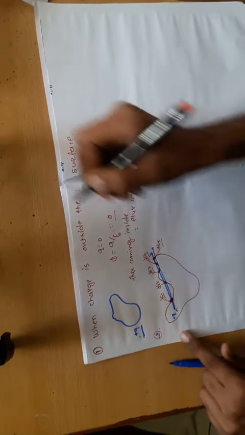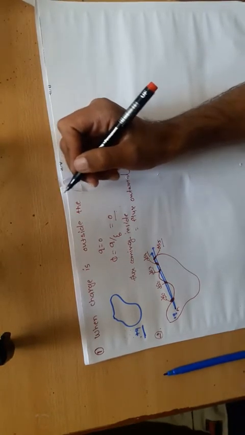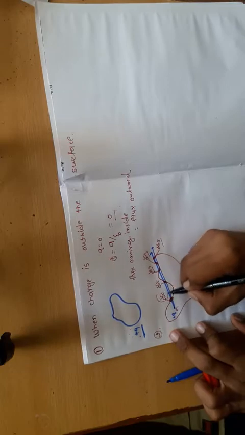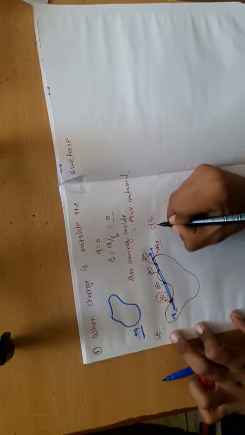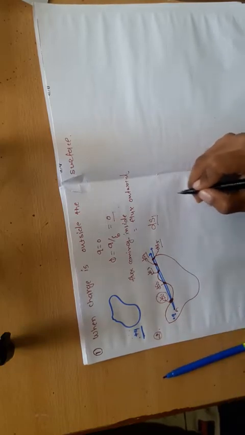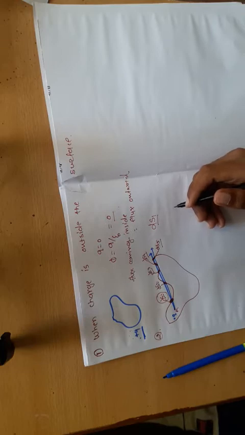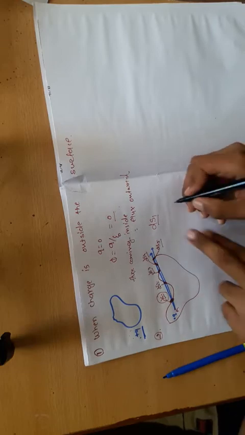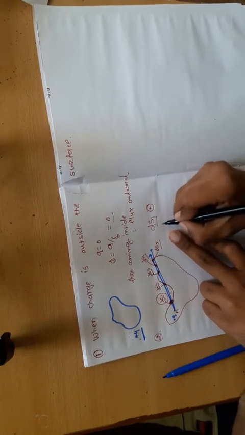These are the 5 surfaces through which the field lines are passing. So what is it for the first surface, dS1? As we know, the flux coming outside of any surface is positive. So here the flux will be positive.